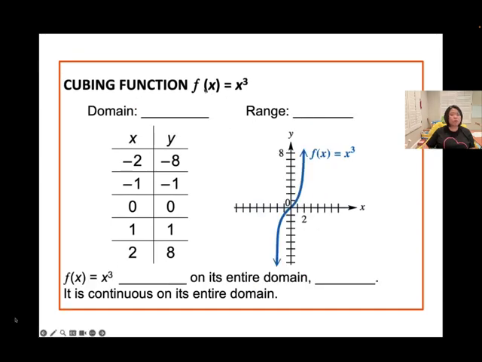Okay, this one, f of x equal to x cubed. So it's going to be going that way. First, find out what your domain and range are. And think about whether it's going to be increasing or decreasing.